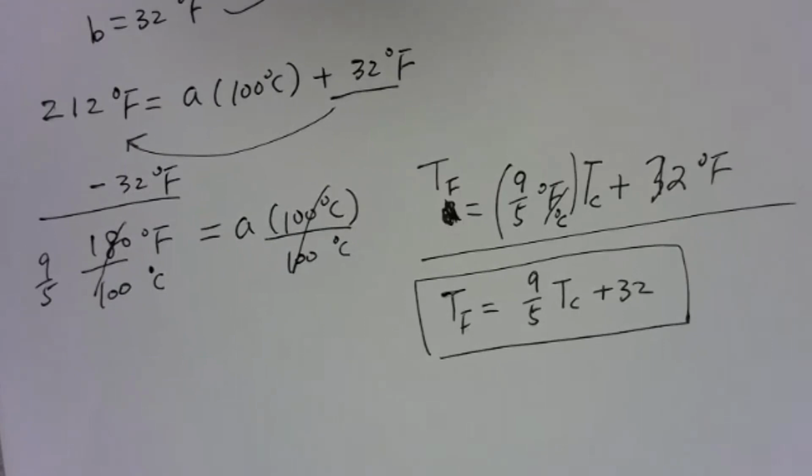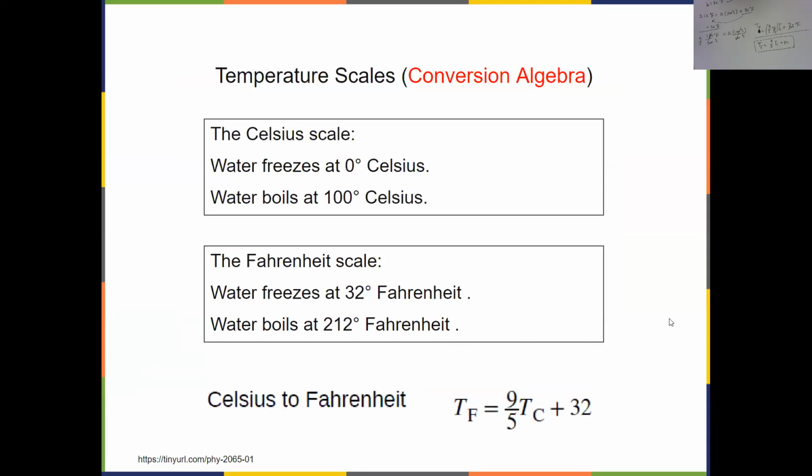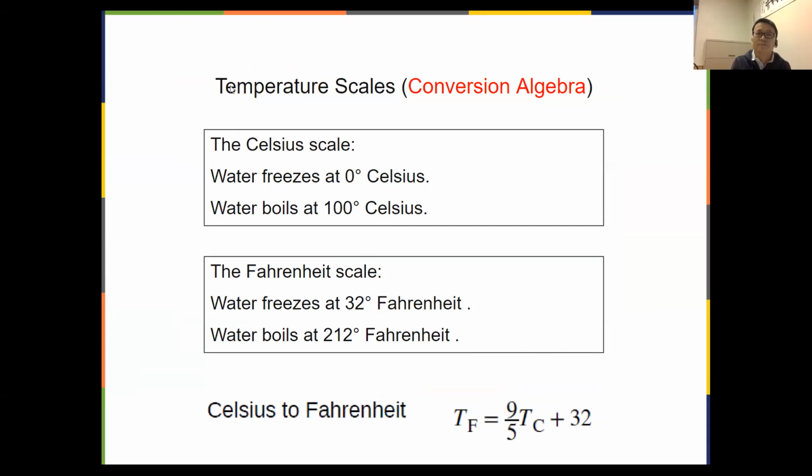All right. Now let's get back to the PowerPoint side. Okay. So using the two scales, you will be able to actually find the conversion equation or conversion factor by going from Celsius to Fahrenheit.